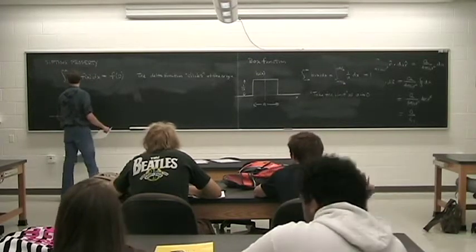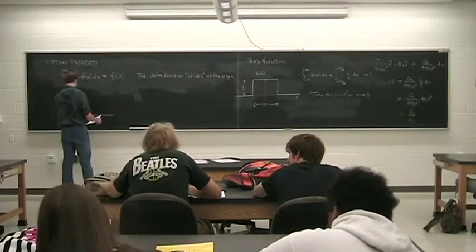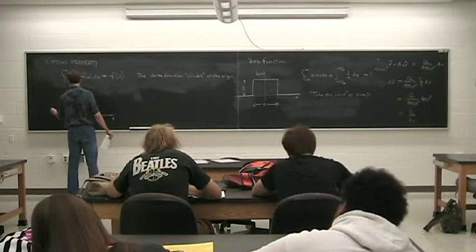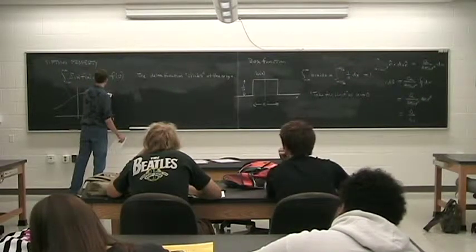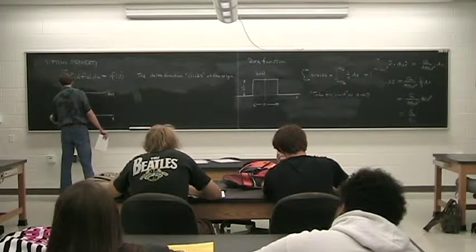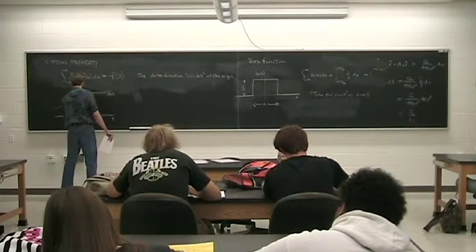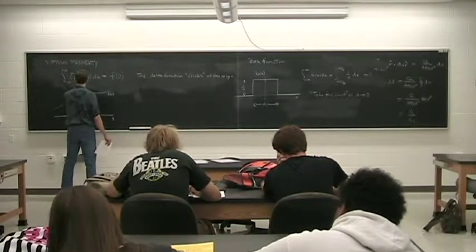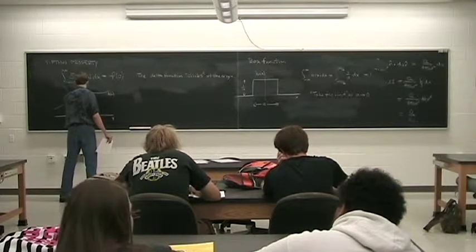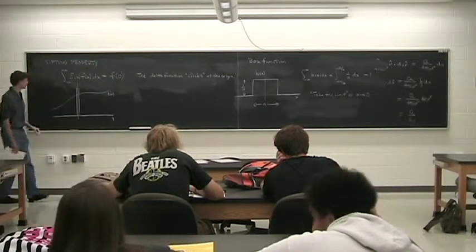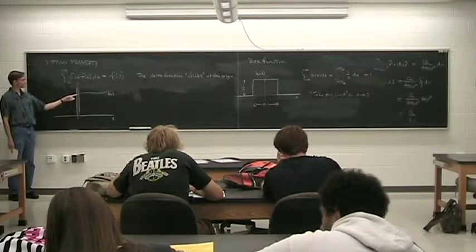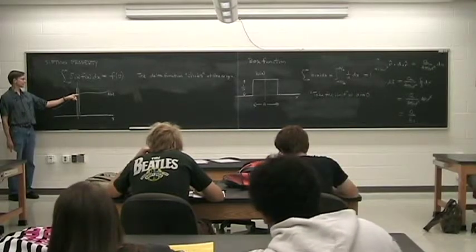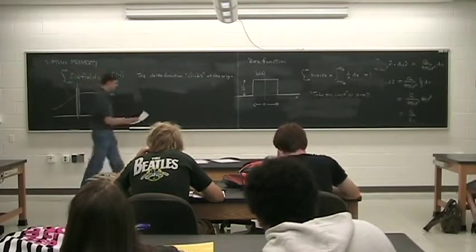And we can understand that also in terms of our sequence of box functions. So here is my function, f of x, and I take some nice narrow box function. Then the idea is that as you let the box function get narrower and narrower, it becomes more and more nearly true that f of x is constant over the interval of the box function.